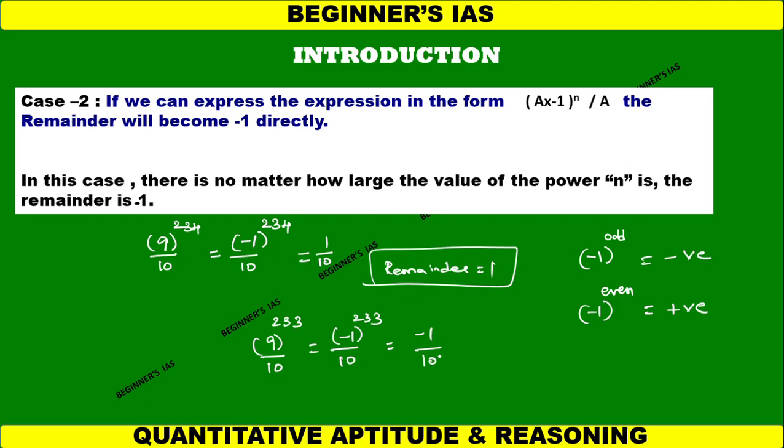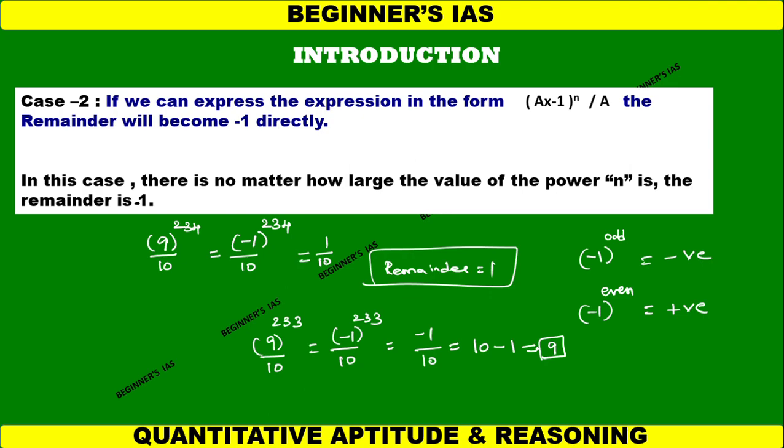You should not take minus 1 or 1 as your answer. What you have to do in this case is take the denominator minus the numerator, without considering the sign, which leaves the remainder. So the remainder for this problem is 9. Simple. So make sure about this concept. These concepts are very important.